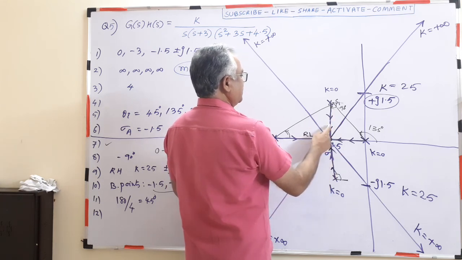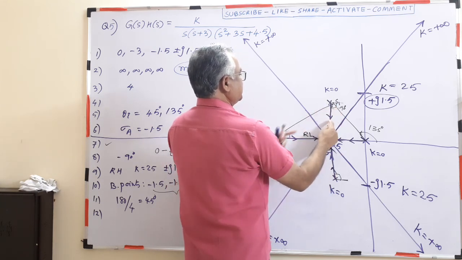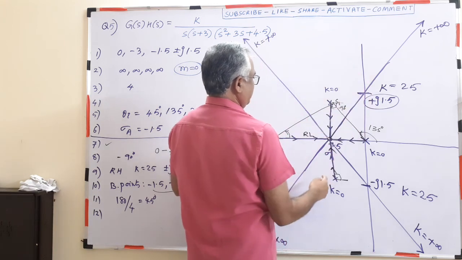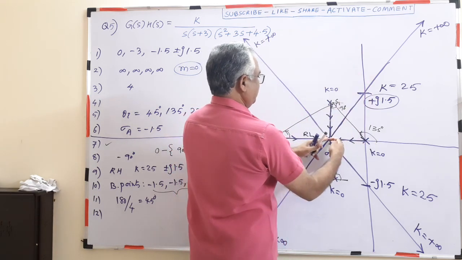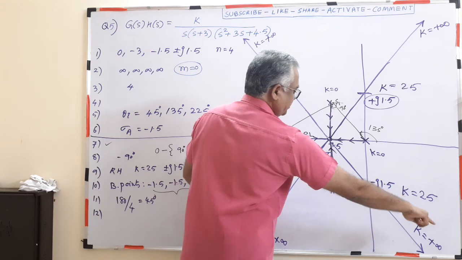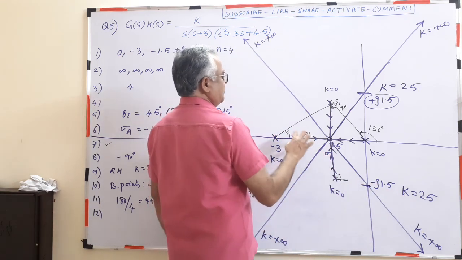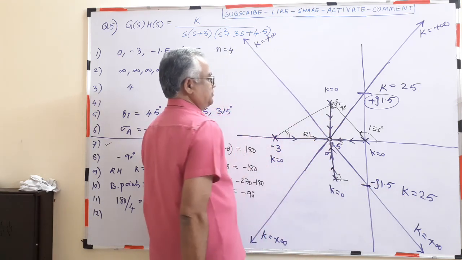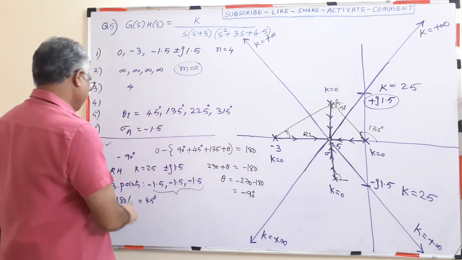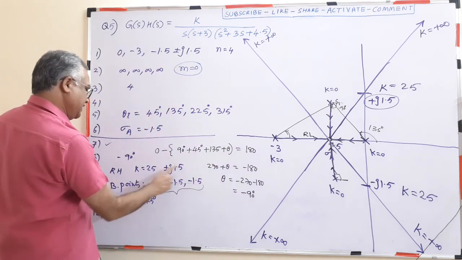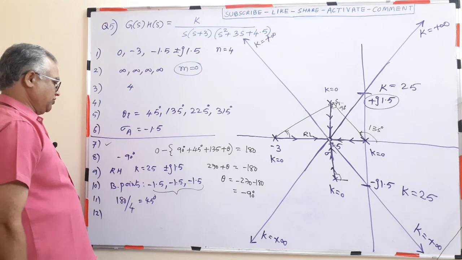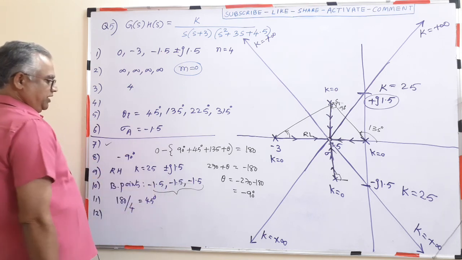This is going fast, this is coming down, intersect and go like this. These two may meet here, again go like this. But in this problem, all are meeting at the same point. That is decided because all breakpoints are at the same point. If you just differentiate and solve, all are coming at minus 1.5.